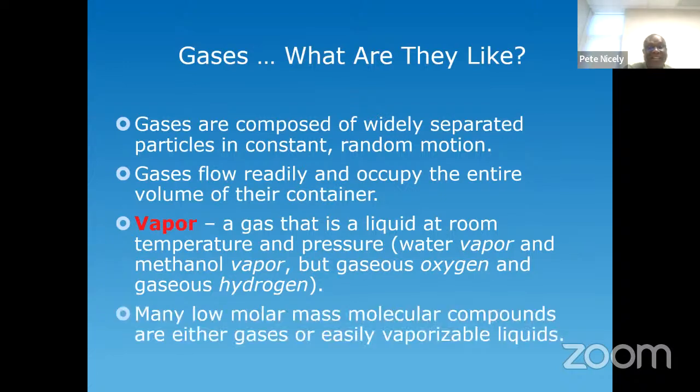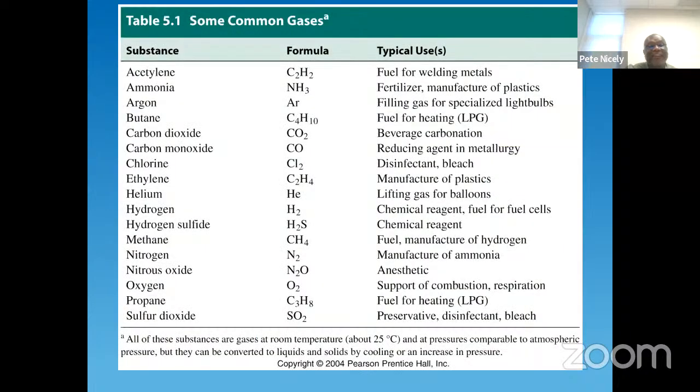Okay, and what you'll find is that many low molar mass compounds can be easily vaporized or exist as gases under normal room temperature conditions, all right? And this list here is basically a list of different gases and their uses in industry. Just to highlight a couple of examples, acetylene is used for welding metals, and carbon dioxide is used to manufacture sodas, carbonated beverages, because carbonated beverages like Pepsi and 7-Up and Sprite are made up of a solution of carbon dioxide gas.